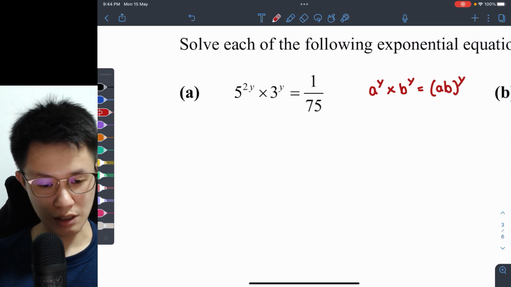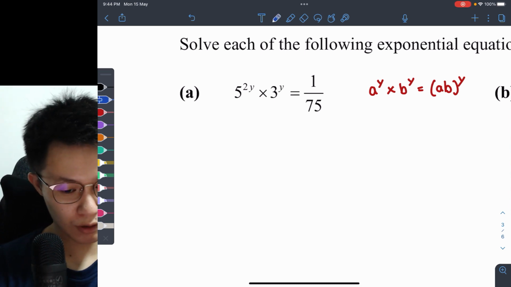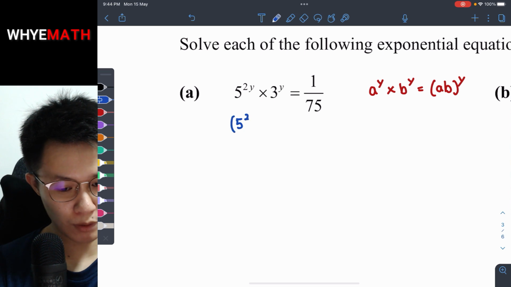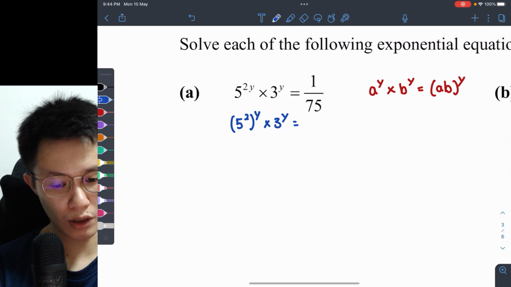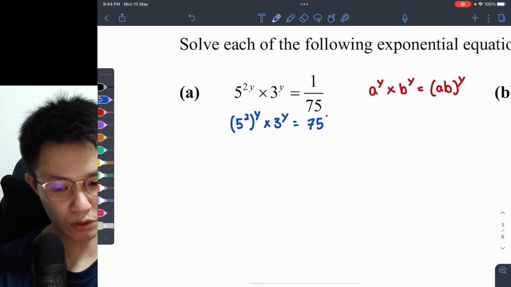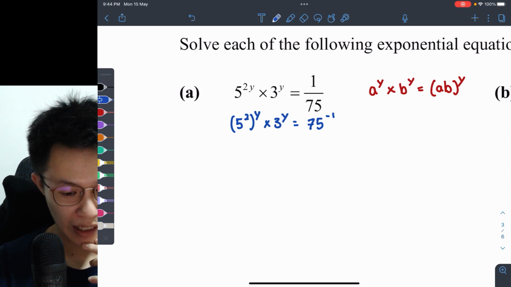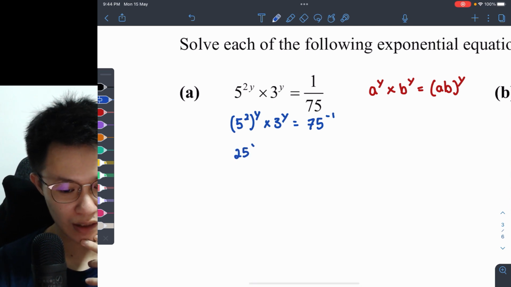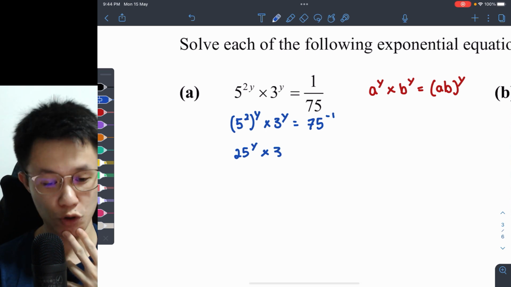If you look at the left hand side, it is 5 to the power 2y, which in fact could be written as 5 to the power 2, to the power y, times 3 to the power y, equals, and for this, 75 to the power of -1. So that's another indices law. From here you can resolve the bracket inside: 25 to the power y times 3 to the power y.